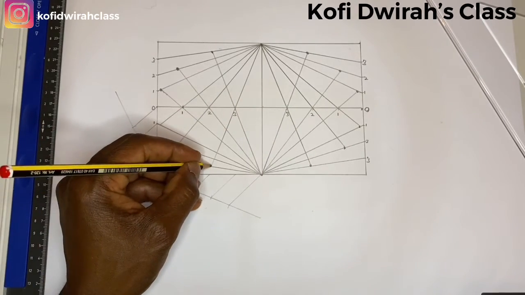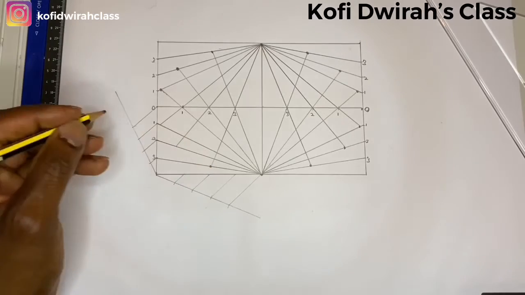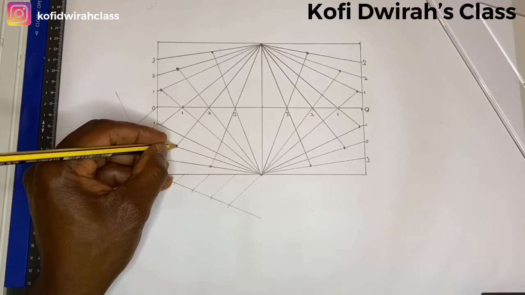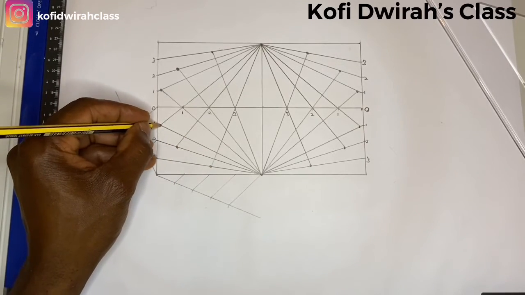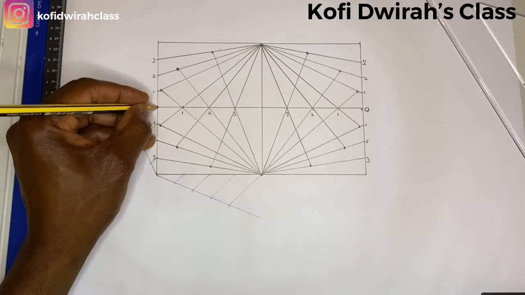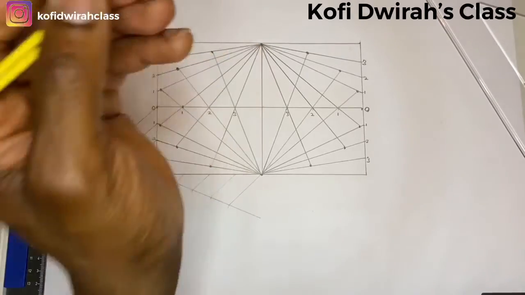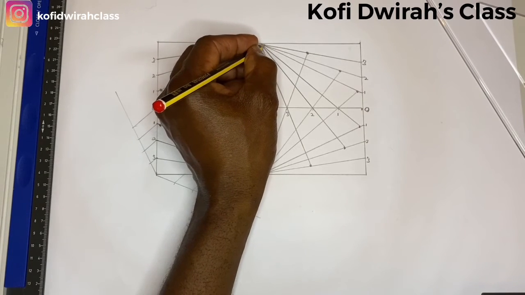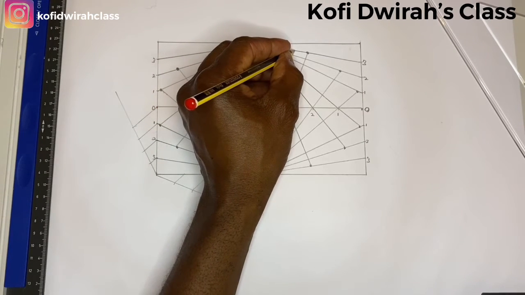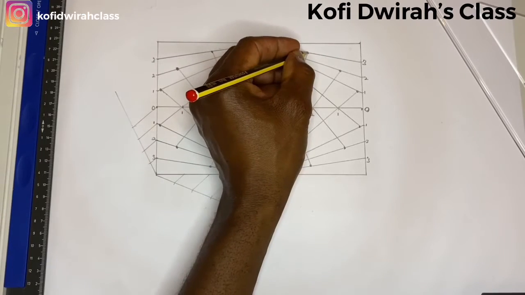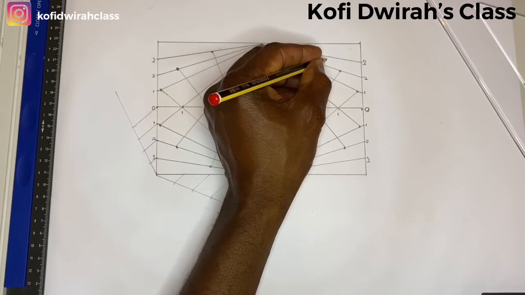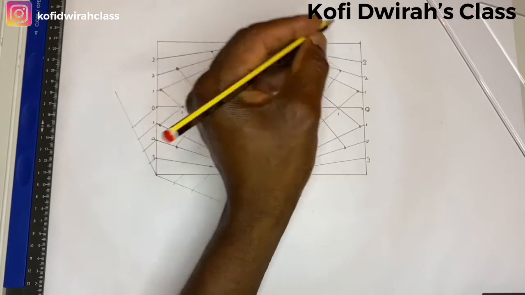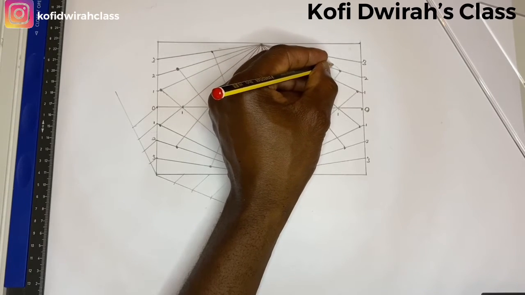Yeah, it goes like that. Then here, then here, then here, then here. So with your pencil, you draw your ellipse. It goes like this.